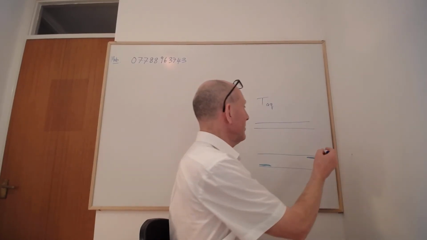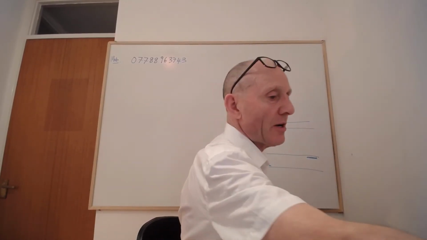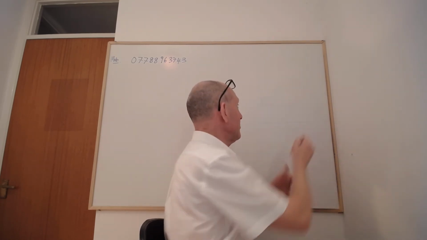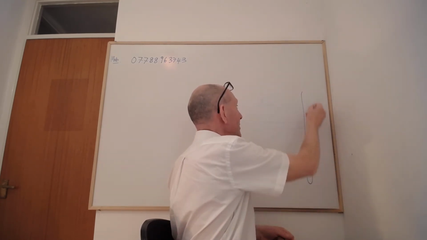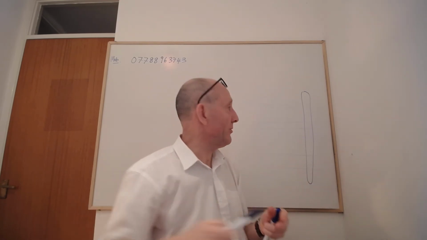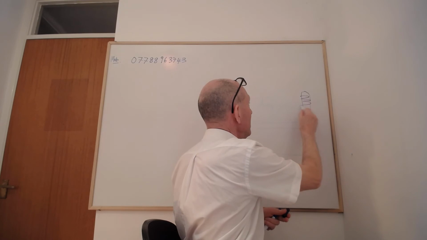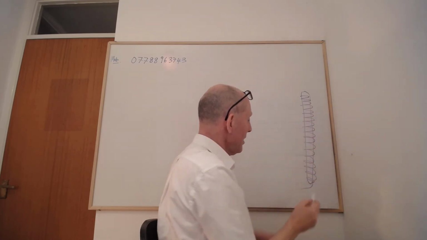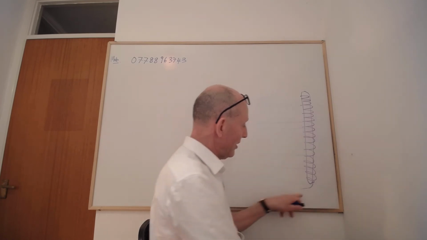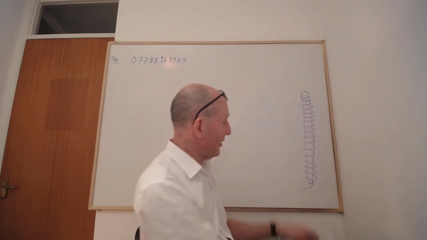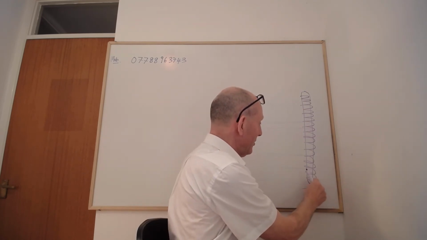To give a very simplistic picture, a chromosome is a long slender structure like that, and the DNA is wrapped onto the chromosome. If I take a wee piece of DNA off the end there, that would be a gene. A gene is just a short length of DNA, and then the next gene would be there, and the next gene, and so on.